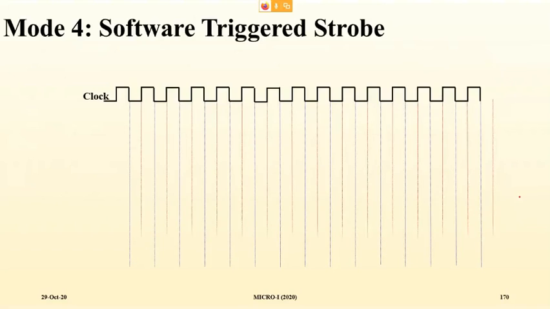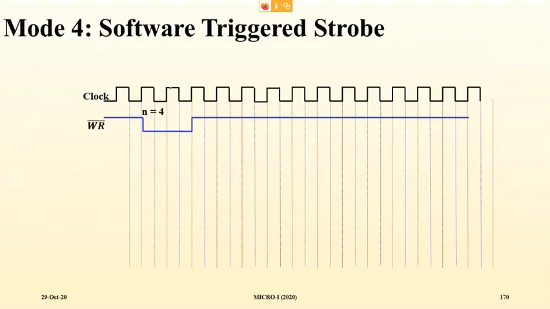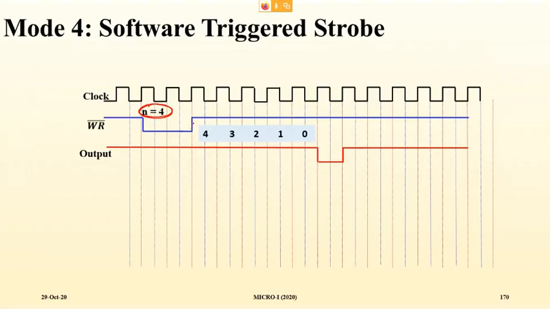Software triggered strobe. So you wrote n equal to 4. The count is loaded, and with the gate, the count will start working. Here we are assuming the gate is active high. The moment the write operation is completed, the count starts decrementing.